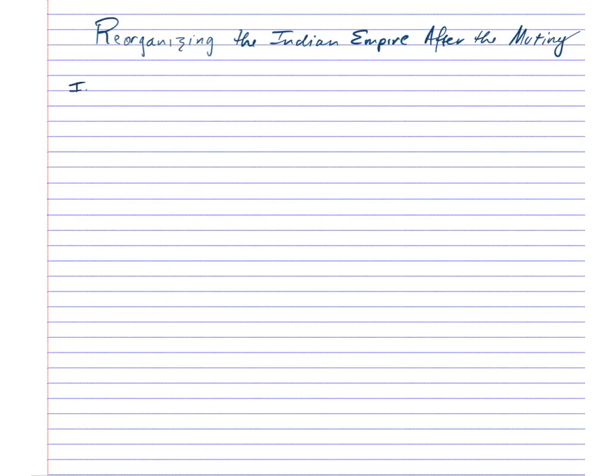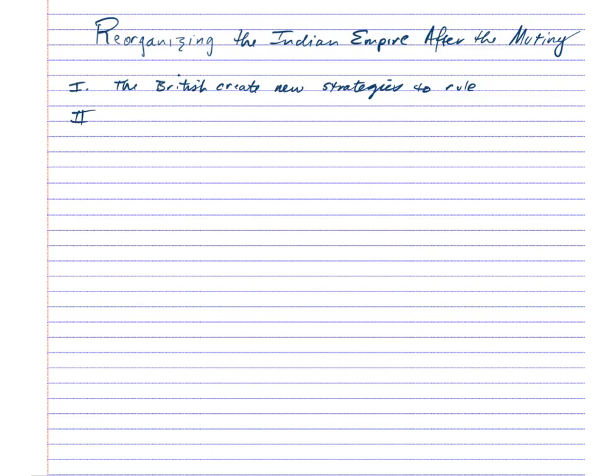Step one, the British create new strategies to rule. Again, if you've seen, or I'll post some links to, the BBC series about the story of India, there are some great videos to back this up.